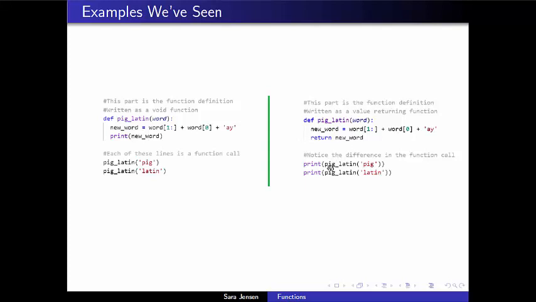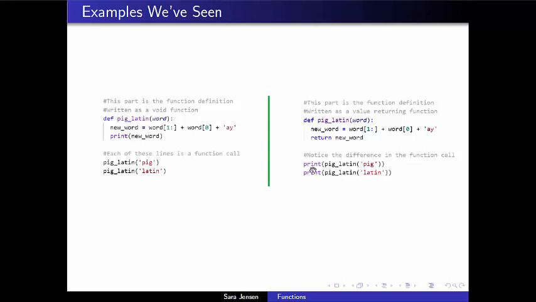Now, if our user calls the Pig Latin function, nothing will get printed to the screen unless we explicitly tell the program to print the value that is returned by the Pig Latin function.